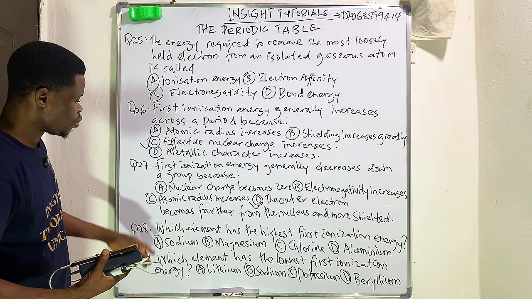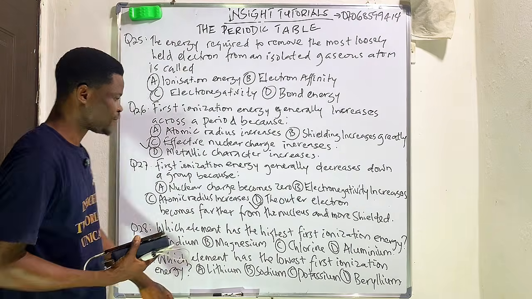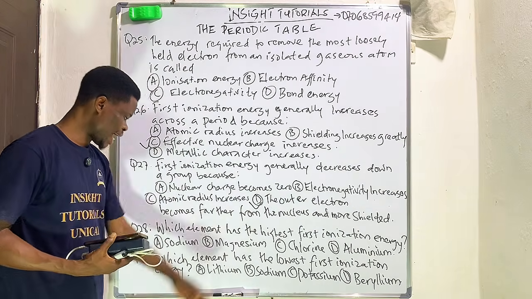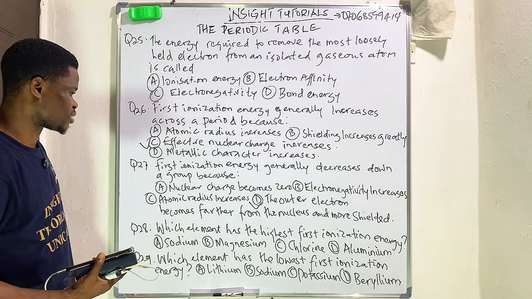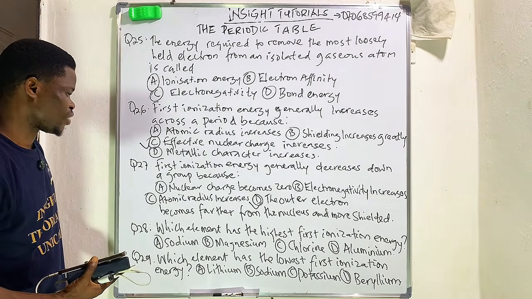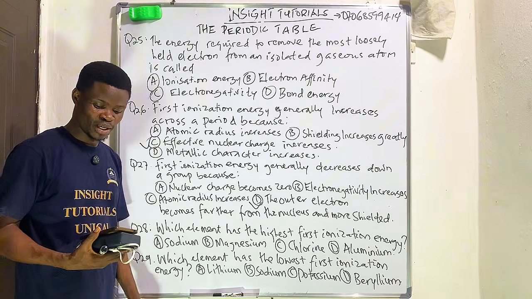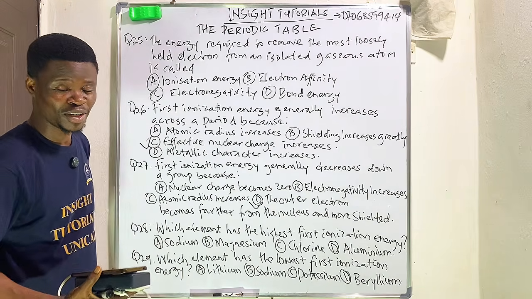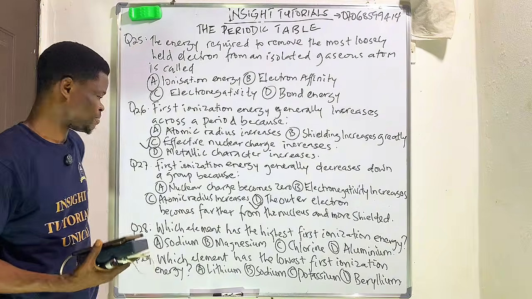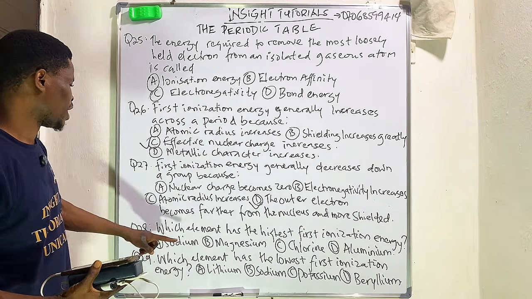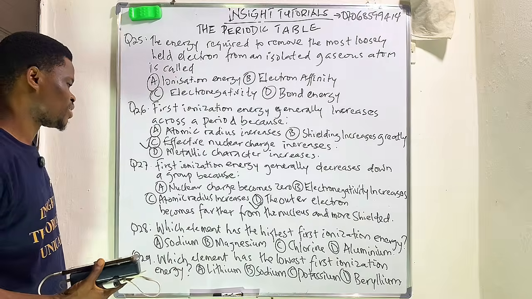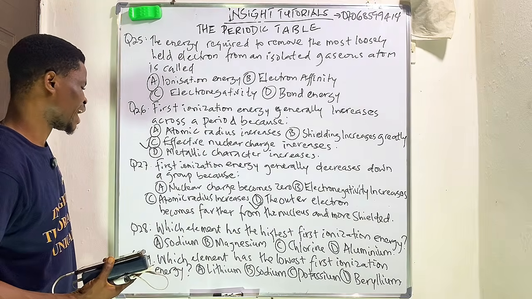Next question says, which element has the highest first ionization energy? A says sodium, B says magnesium, C says chlorine, D says aluminum. What do you think the correct option will be? They're talking about the element that has the highest first ionization energy.